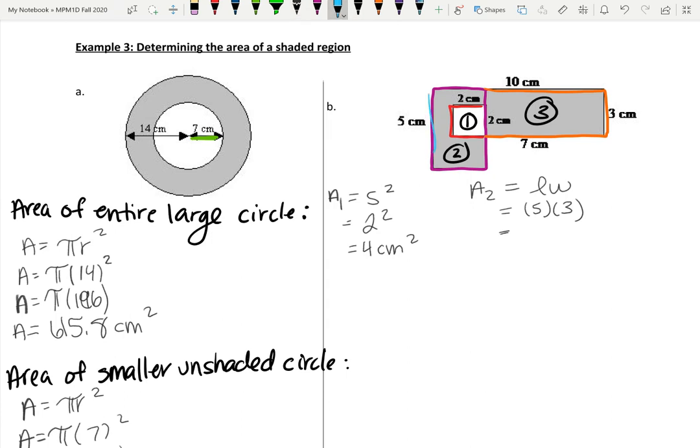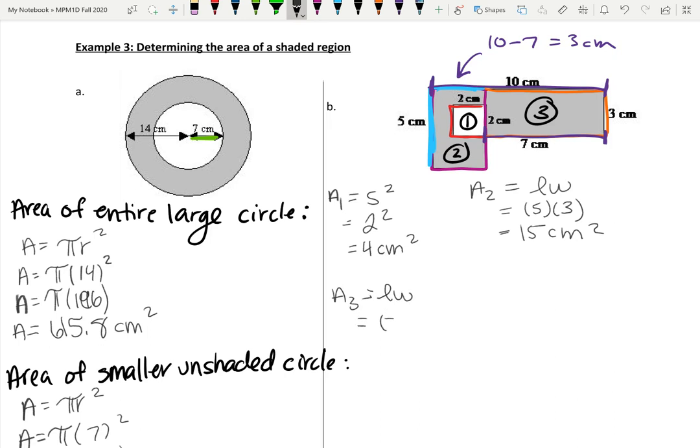So 5 times just this part, which, from here to here is 10 centimeters, and from here to here is 7 centimeters. So this part right here is 10 subtract 7, which is 3 centimeters. And then area 3 is 7 times 3, which is 21.